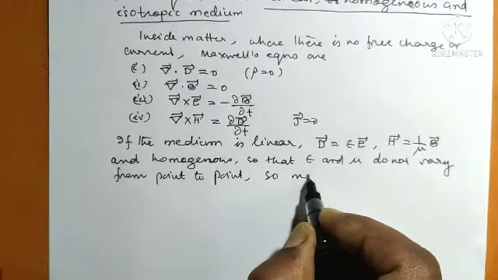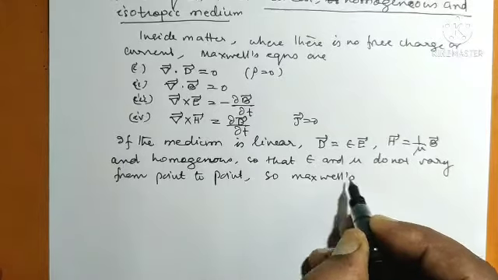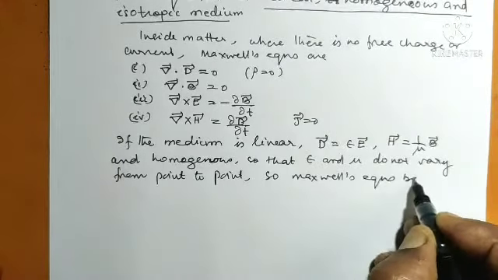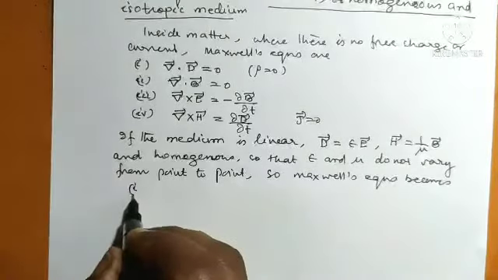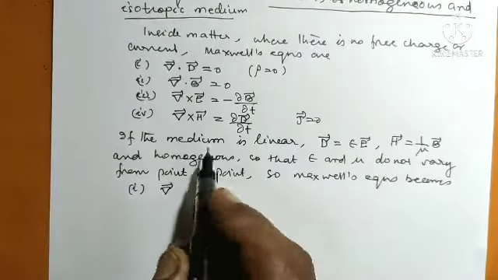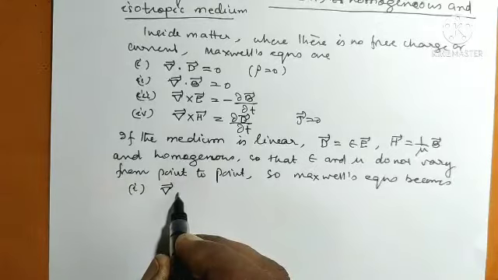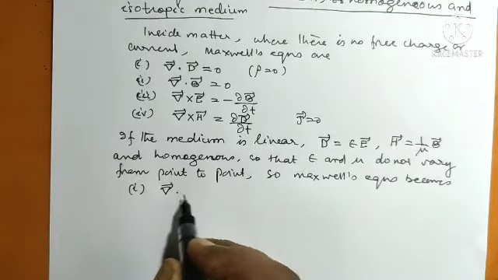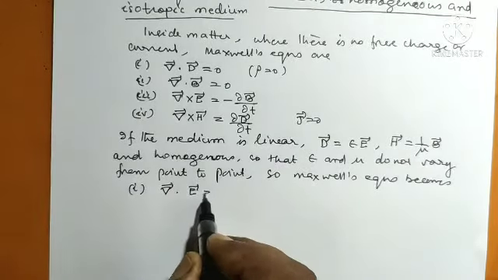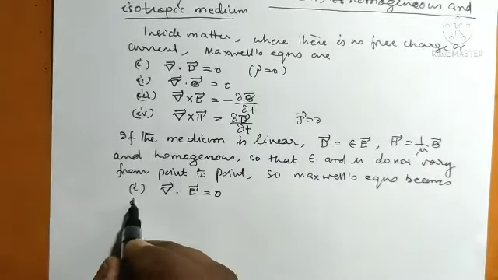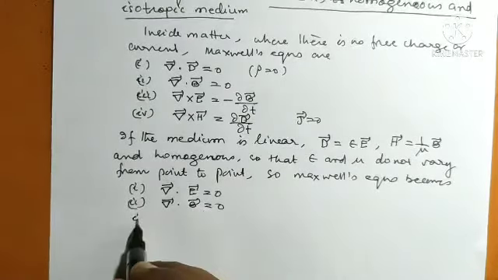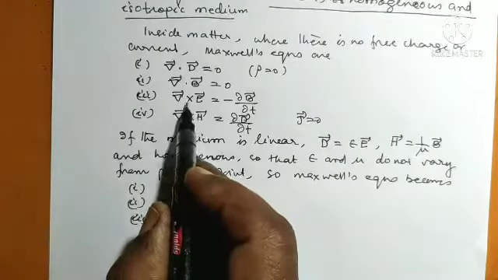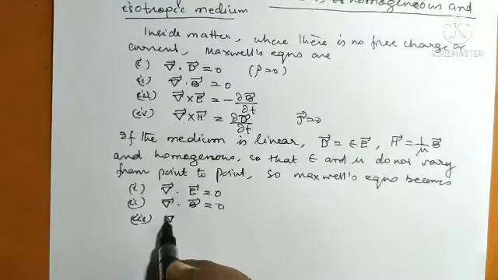So Maxwell's equations become: first, div D is epsilon E equal to 0, epsilon not 0, so div E is equal to 0. Second, that is unchanged, div B equal to 0. And the third one, curl E equal to minus del B by del t, is also unchanged.